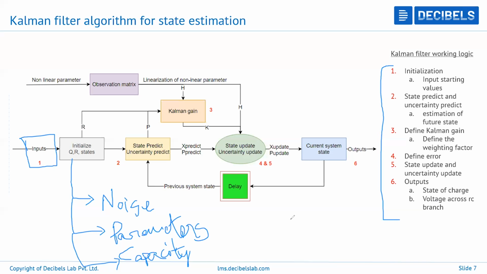Okay. So when we come to this particular word called states, we have so many states. States is basically a variable of a system that defines the present condition of the entire system, or the behavior of the entire system. In the case of Kalman filters, there are two states. One is state of charge, SOC, which is one of the estimation parameters.